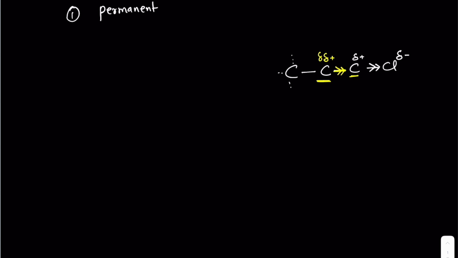And similarly, the carbon atom next to this carbon will also have some positive charge. I'll call it delta delta delta plus, just to show that it is smaller than this charge. So what we are seeing is that this inductive effect travels through the chain and in the same direction.